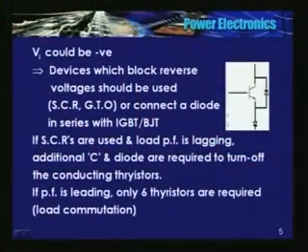Now if you want to use IGBT or BJT there, you need to connect a diode in series with the switch, in this fashion. See here. Now the switch can block the negative voltage.